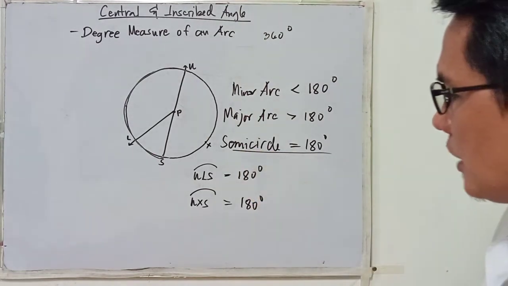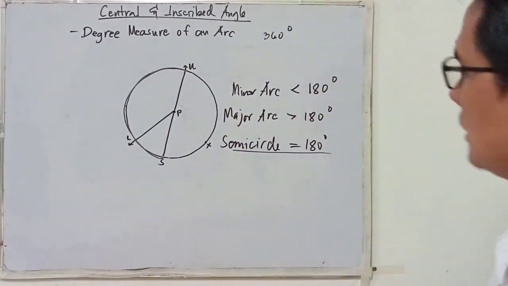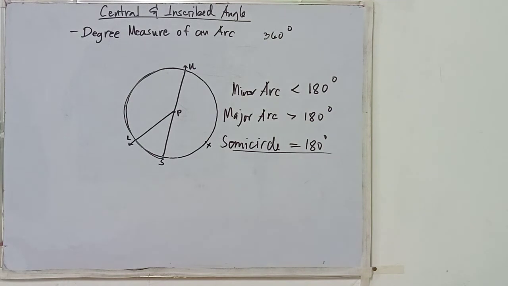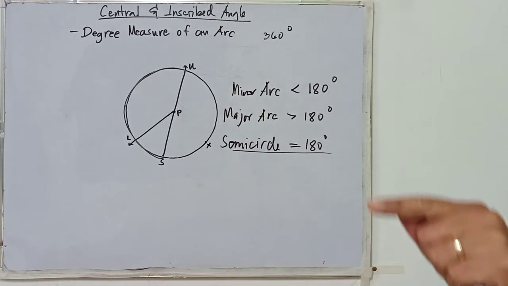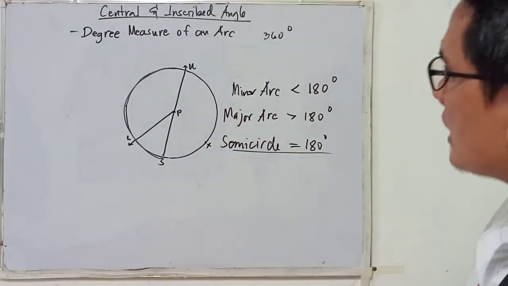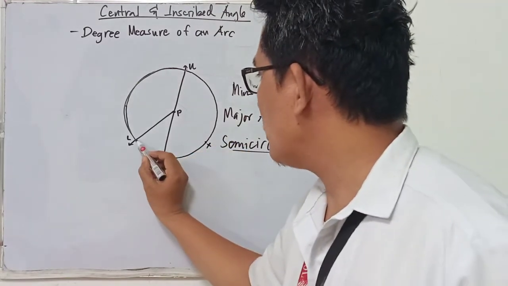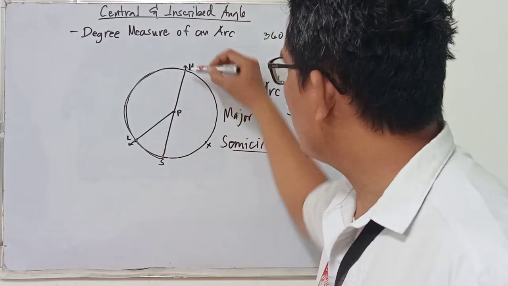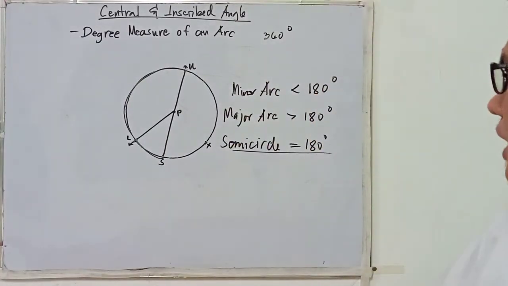How about a major arc? A major arc is greater than 180. So it means its rotation starting from that point will pass through the half towards another point. If this is 180 degrees here, and we proceed from this point passing through X, that is a major arc.